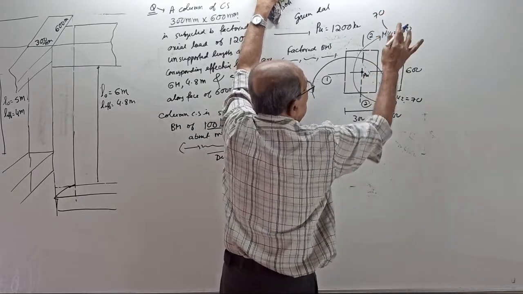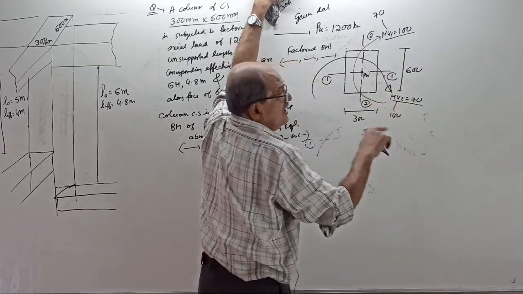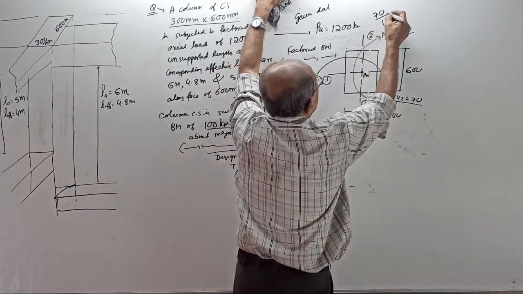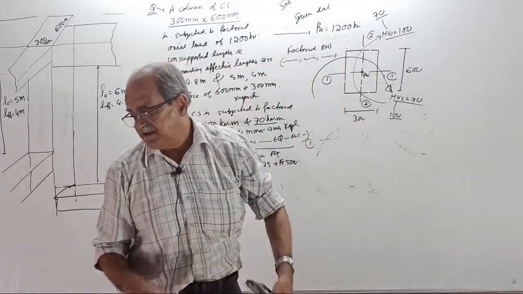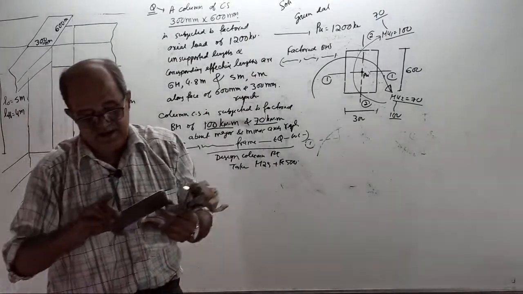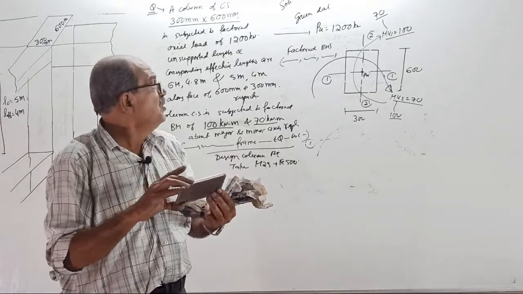Tell the answer. First option, Mu1 100, Mu2 70. Second option, Mu1 70, Mu2 100. Tell correctly which is correct. Which is correct? Mu2.